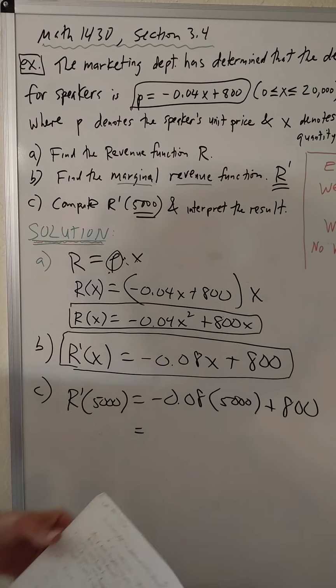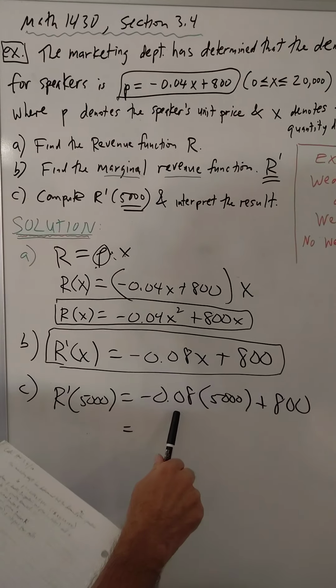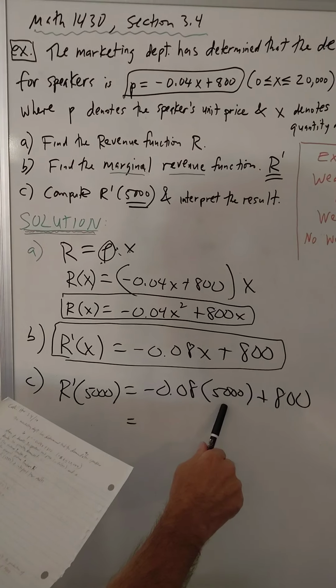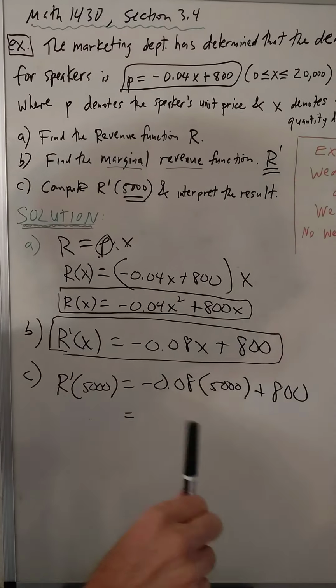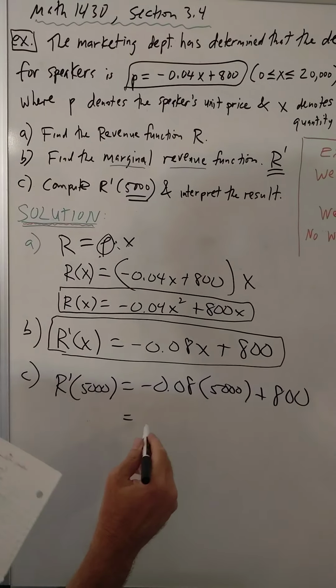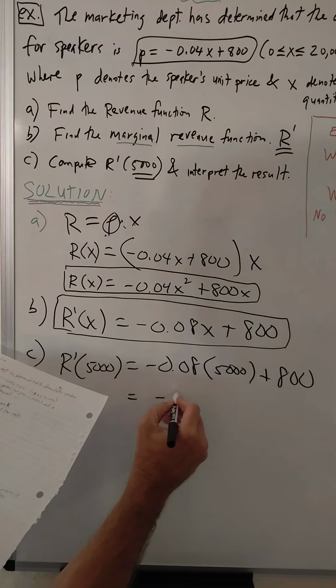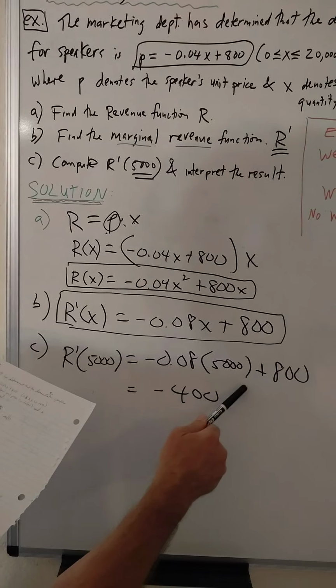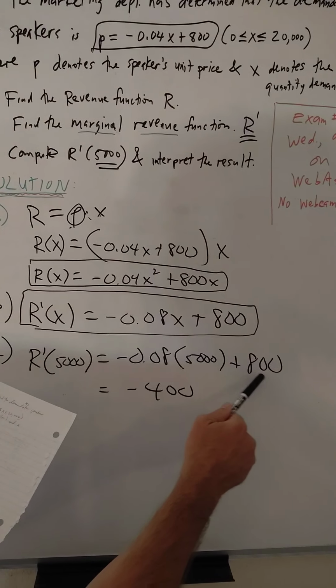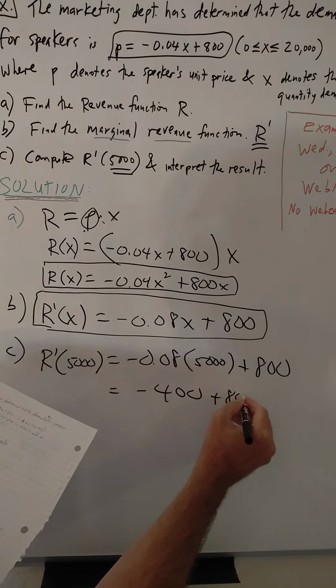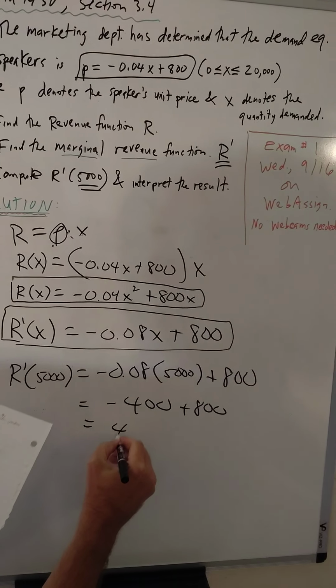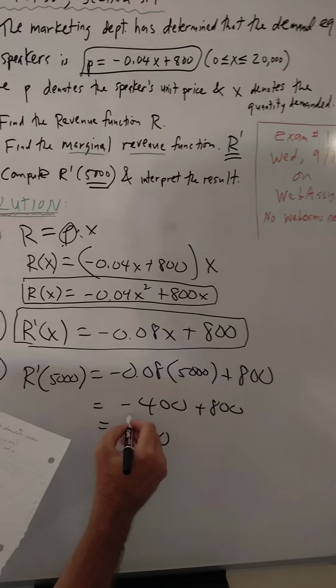Negative 0.08 times 5,000 is going to equal negative 400. That's what this product is. And then we write plus the 800. That's going to be equal to $400.